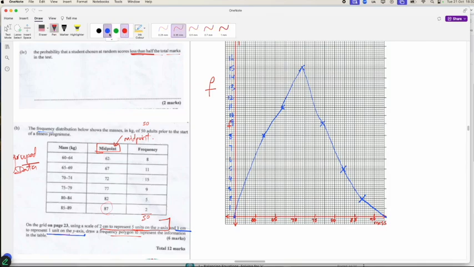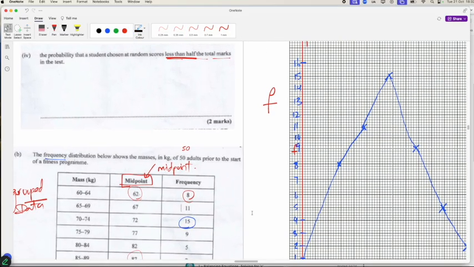Because it's just normal frequency, the highest number I had to reach is 15. So I will go 1 centimeter to 1 unit on the y-axis. That is 1, 2, 3, 4, 5, 6, 7, 8, 9, 10, 11, 12, up to 16 is where I went. And then of course you just plot 62 against 8.